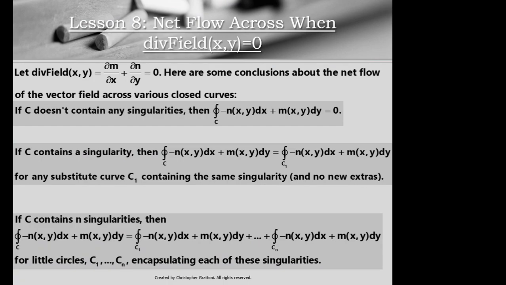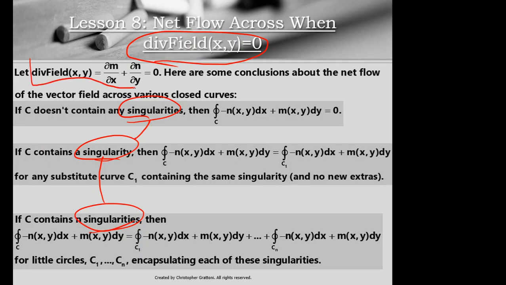You guys saw this same technique when we were working in two-dimensional space. So we had similar tricks when the divergence of the vector field was equal to 0 for a two-dimensional curve. And we also have a similar idea for when we're working with singularities. So another thing to keep in mind is if you do have singularities in your vector field, and you're lucky enough to have the divergence of the vector field equal to 0, you have the same replacement surface idea that you could do with some closed surfaces there.